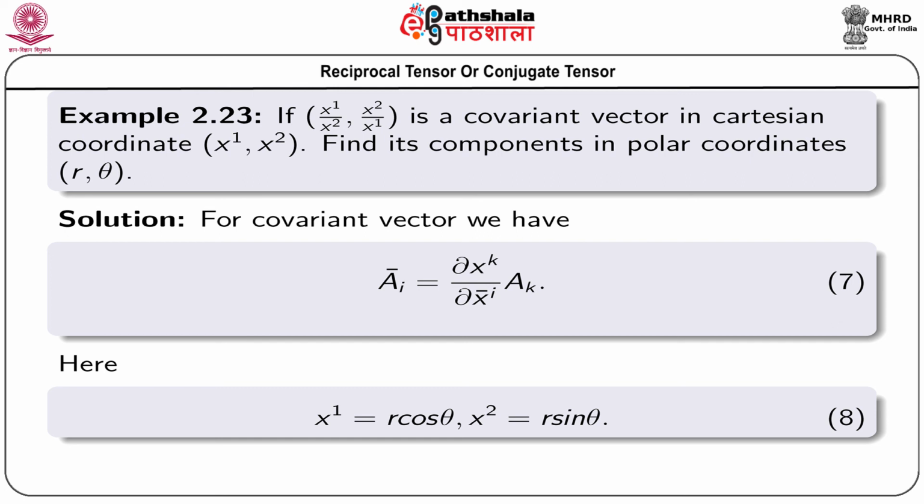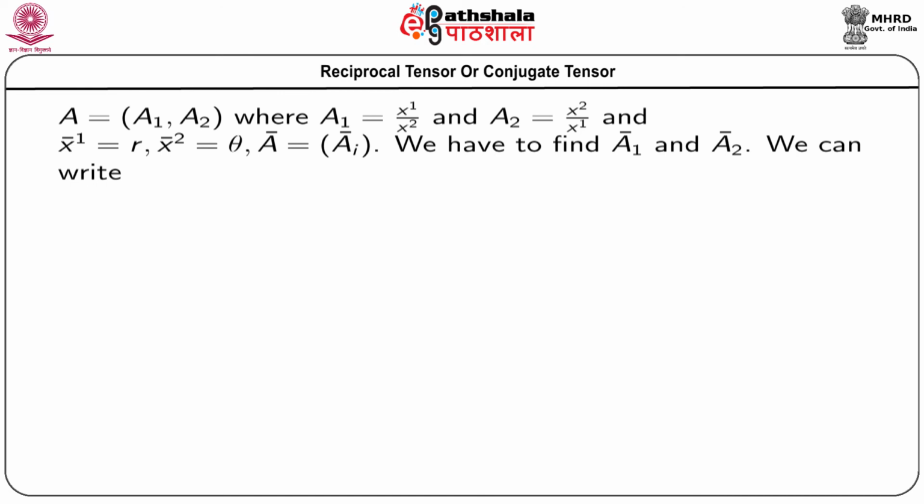Now, for the polar coordinate system, the transformation rule is x1 equals r cos theta and x2 equals r sin theta. And the components of the covariant vector are a1 and a2, where a1 is x1/x2 and a2 is x2/x1, and x-bar1 is r, x-bar2 is theta, because we are going to the polar coordinate system, which is denoted by r and theta.